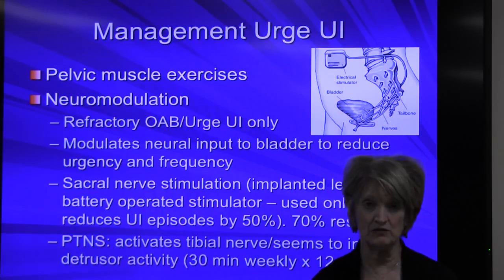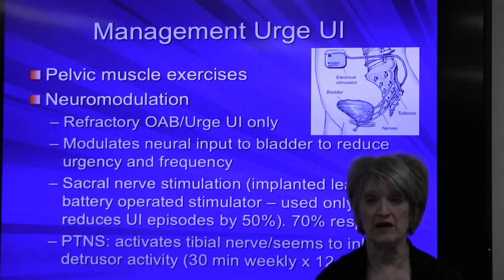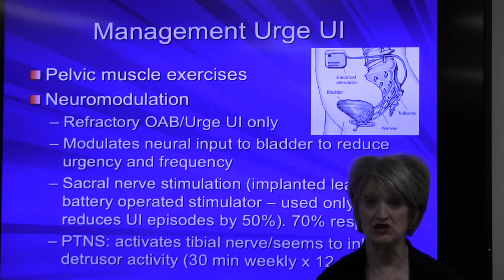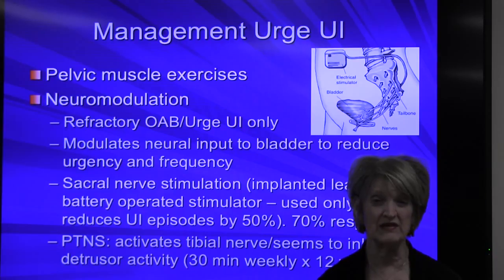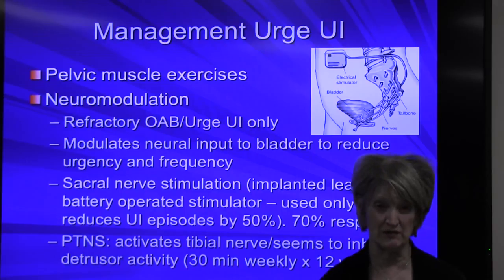Now this is expensive therapy and not everyone responds, so they do a two-step treatment process. With step one, they implant the leads just percutaneously, and they're attached to an external stimulator. So it's a simple office procedure. Now, if the patient is able to document at least a 50% reduction in urgency and frequency and in incontinence episodes, then they'll proceed with phase 2, which is to surgically implant the leads and the stimulator.